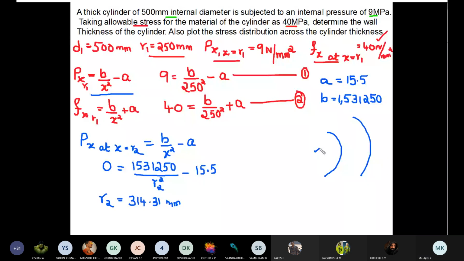R1 is given, and R2 is 314.31, which we have calculated. Then the thickness T will be R2 minus R1. So you will get the thickness of the cylinder as 64.31 mm.